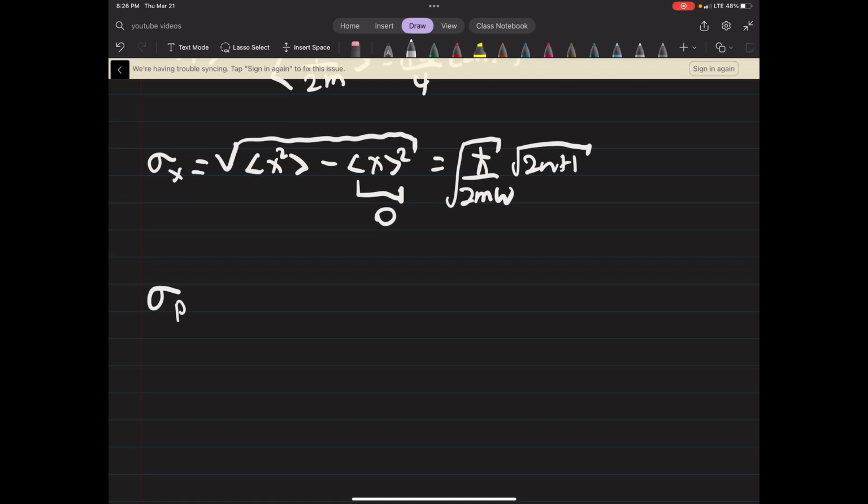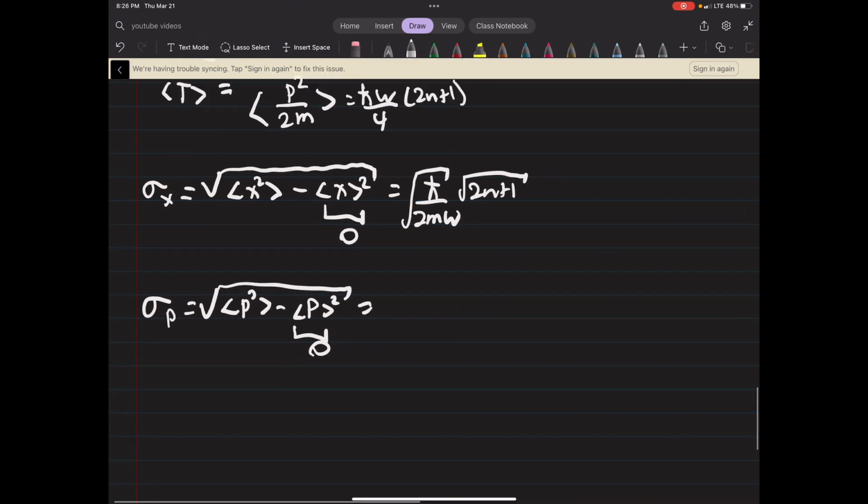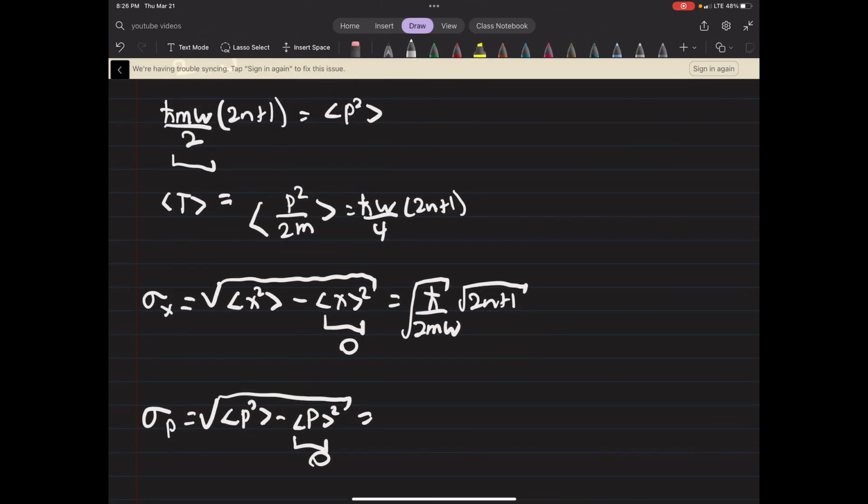And then the momentum will be essentially the exact same thing, or the same idea. Once again, this is 0. So then sigma p will be the square root of h bar m omega over 2, times the square root of 2n plus 1.